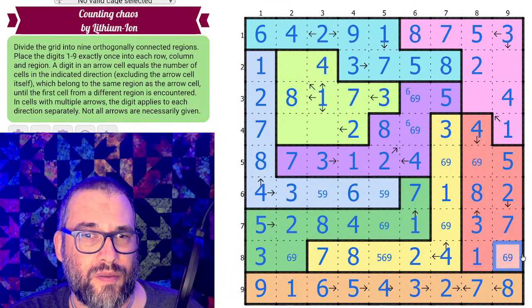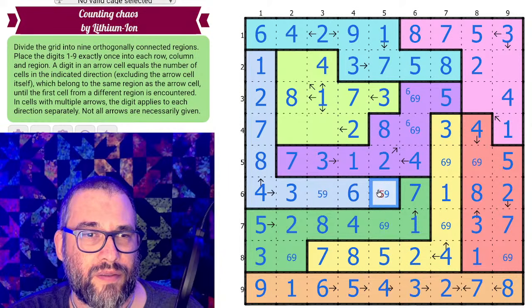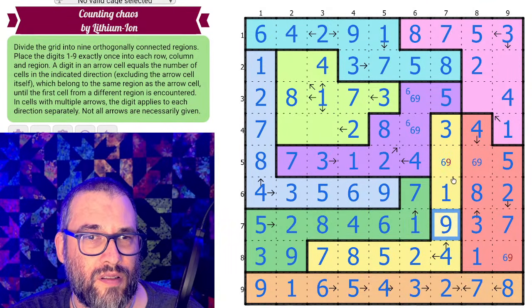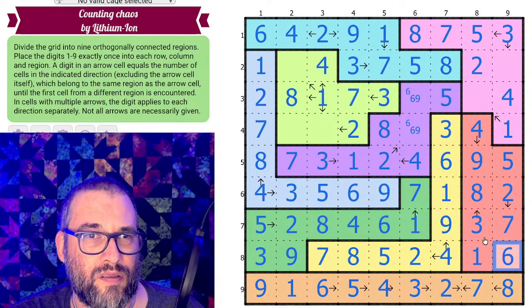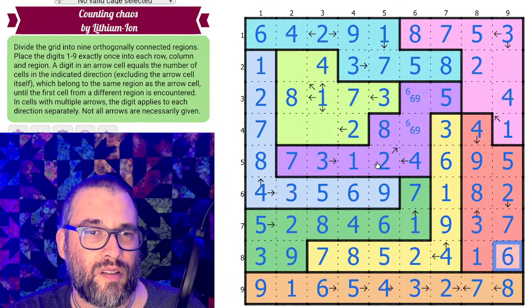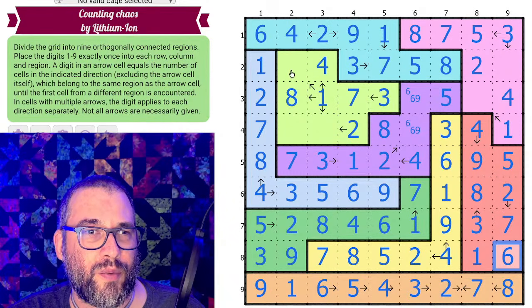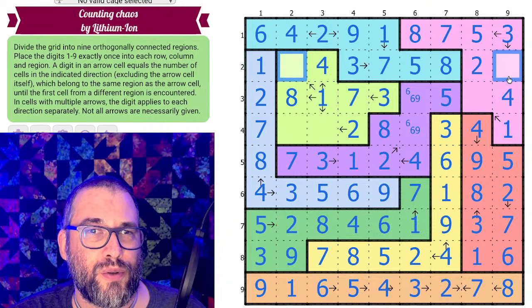Five, 5. Let's see what's left in row 2. 1, 2, 3. Let's see.